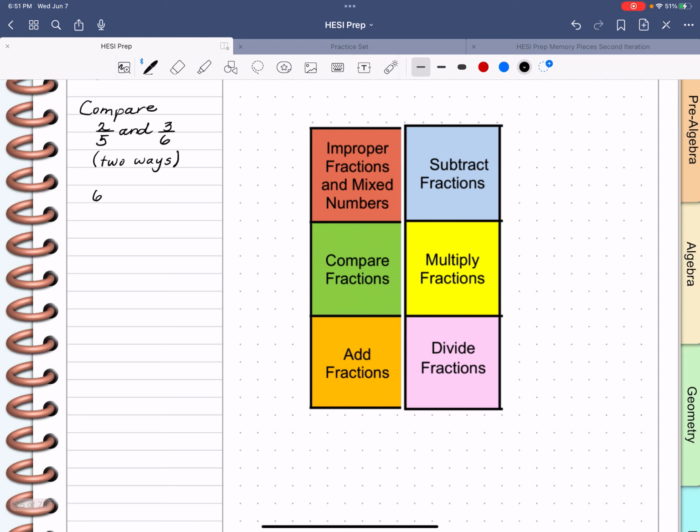Then we're going to add 6/10 and 9/15 to get a number. 3/4 minus 1/8. 6 minus 9/10. 6/8 times 4/12. 4/5 times 3/8 times 2/4.